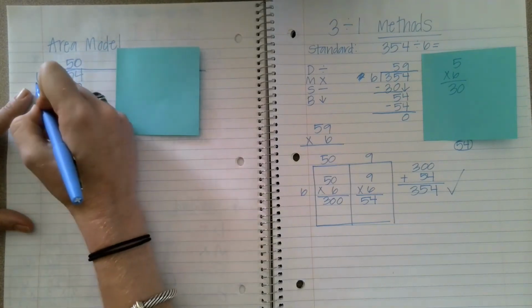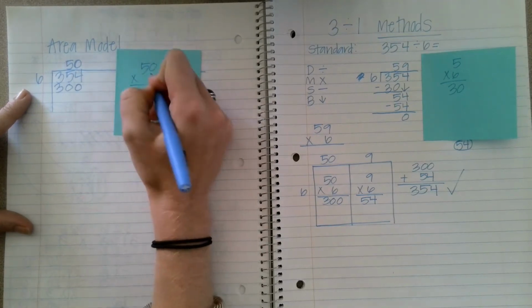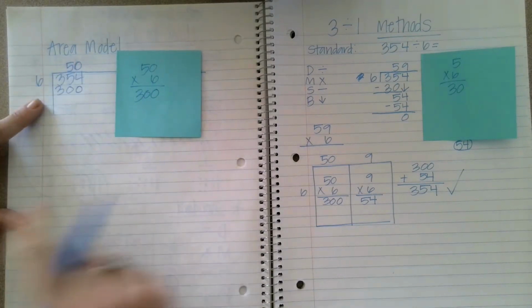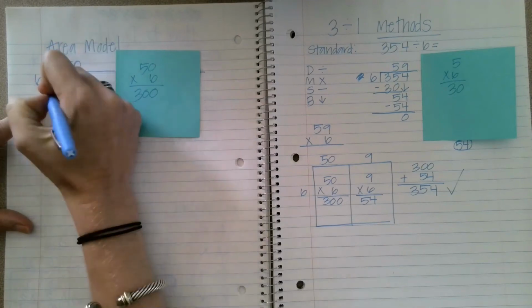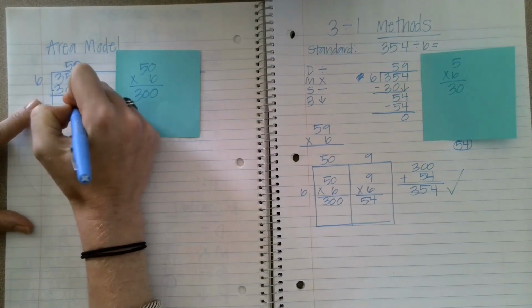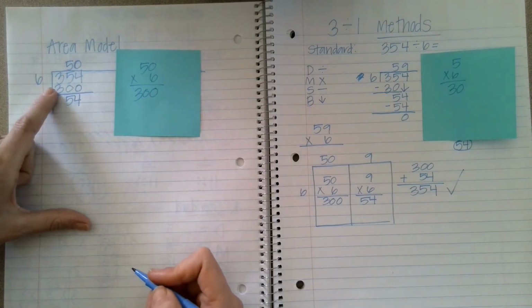So 50 times 6, I know that's 30, carry a 1. Okay, so yep, that fact's correct. I've multiplied, and that's how I got 300. Now I need to subtract, and I get 54. I took 300 from 354.